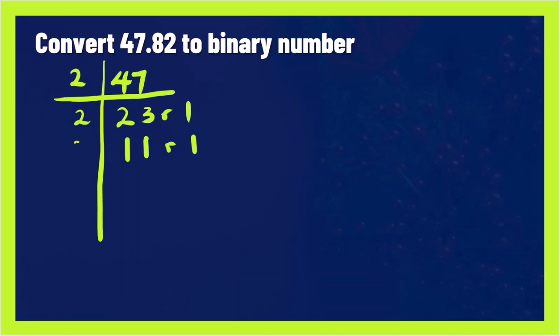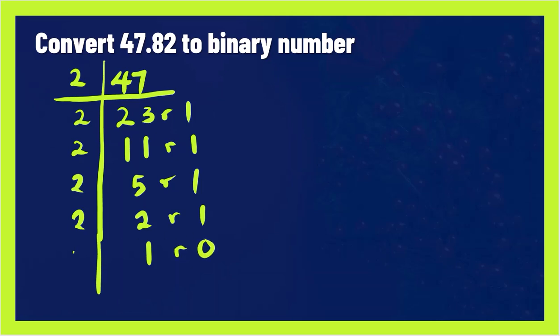Okay, so 2 in 11, that's going to give us 5, remainder 1, and 2 in 5, that is going to give us 2, remainder 1, and 2 in 2, that's going to give us 1, remainder 0, and finally we say 2 in 1, that will definitely give us 0, remainder 1.